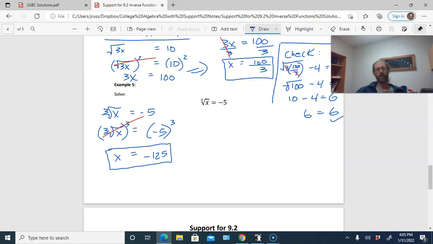Now you may be wondering, why did I go ahead and circle this without checking to see if it's a solution? Well guys, if it's a cube root that you're working with in your equation, you don't have to check. It's only the square roots. Put this in the notes.